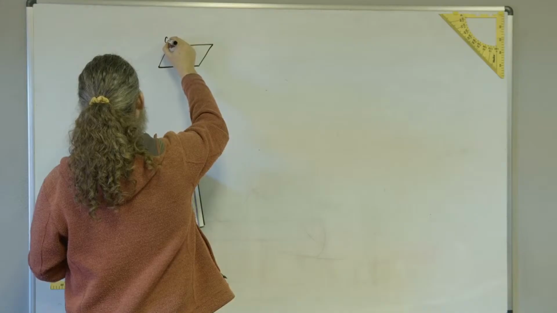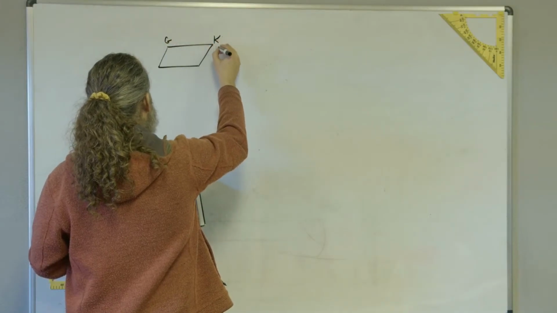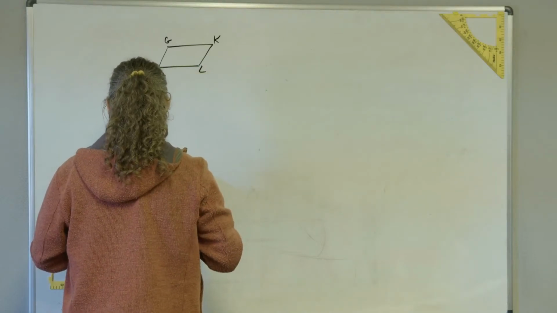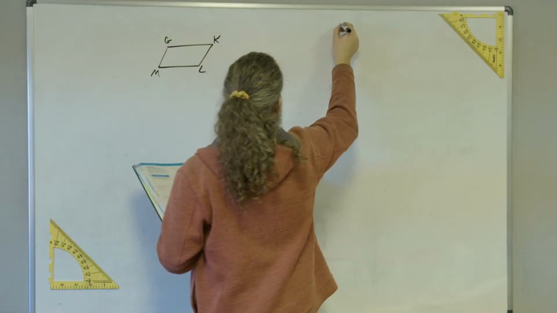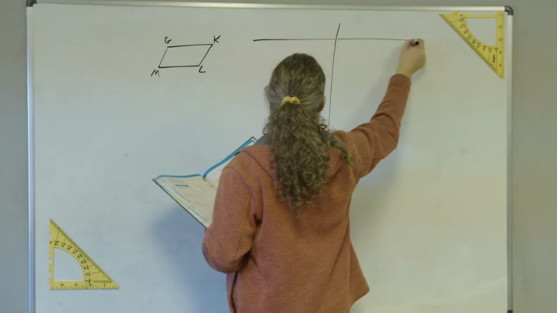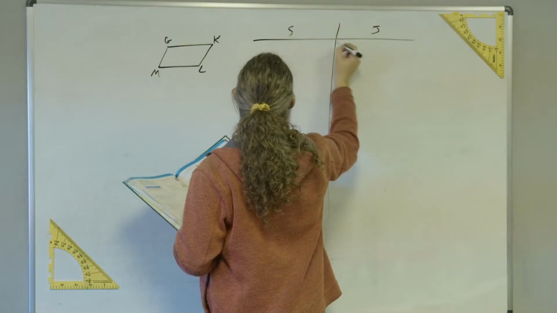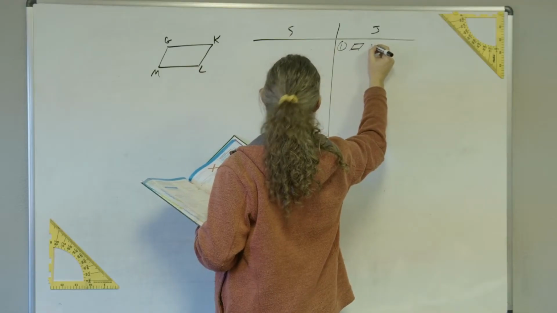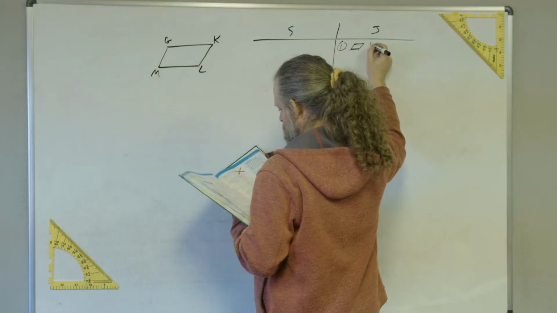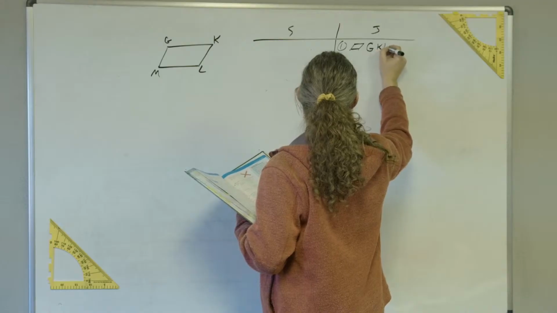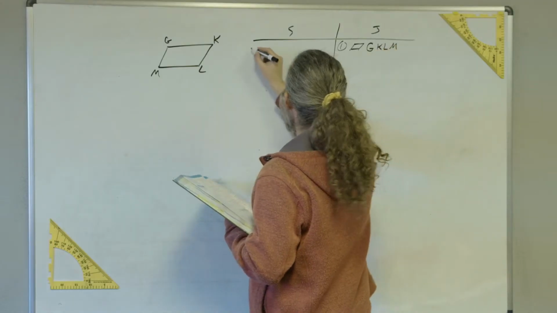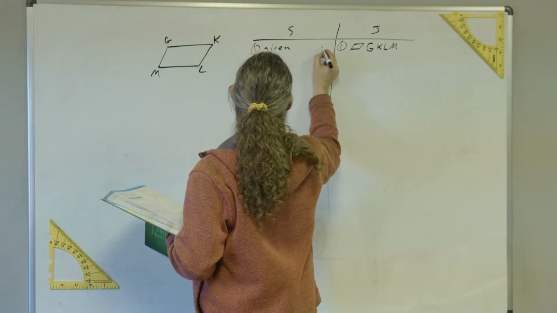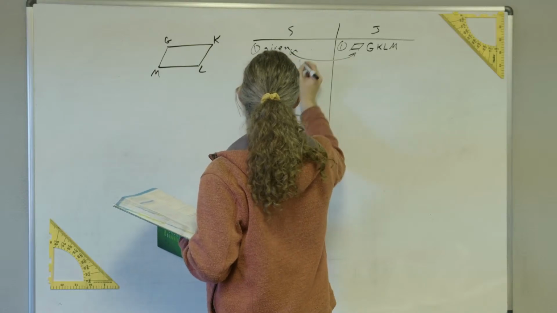G, K, L, M. All we are given is that it is a parallelogram. I made a mistake. Good enough.